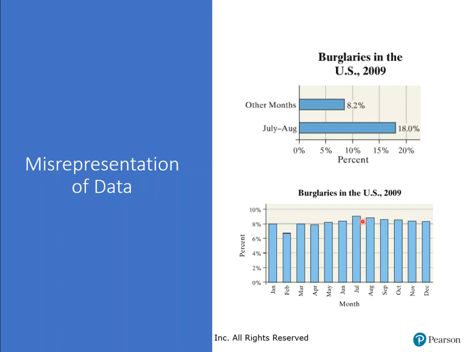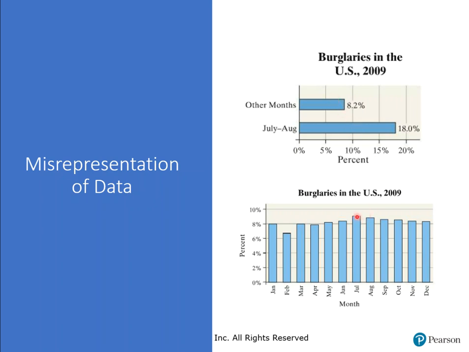Notice that July and August are the highest months, but when you're looking at this graph, you can see that just because burglary rates were higher in July and August, they're not twice as high as they were in other months, which is clearly what the graph above is implying.